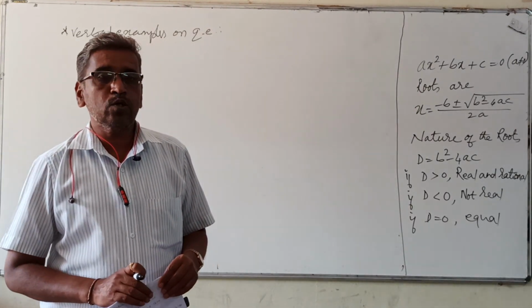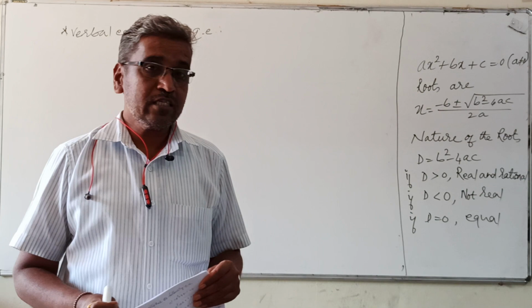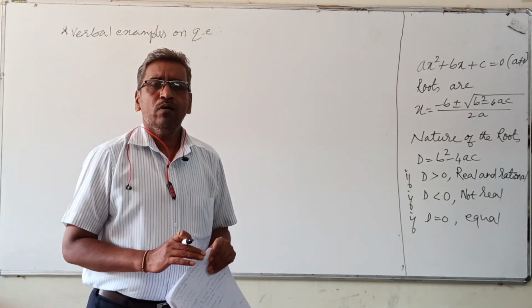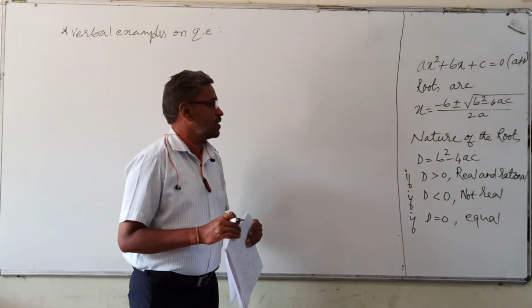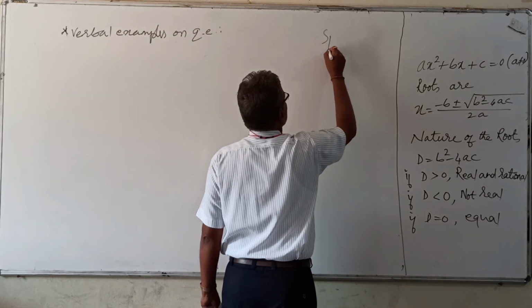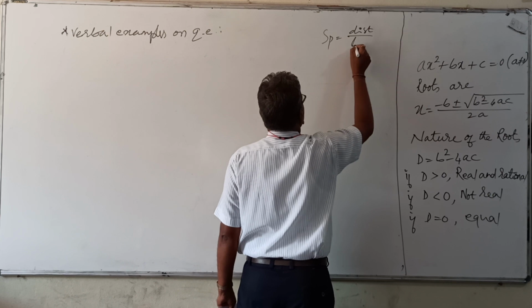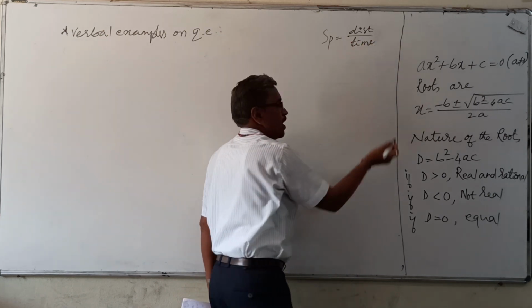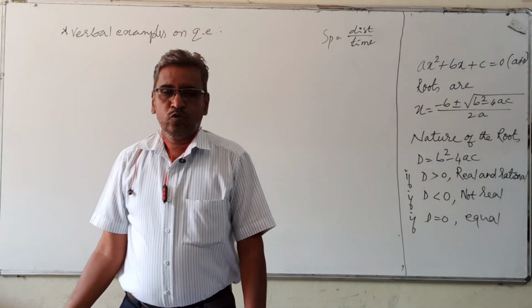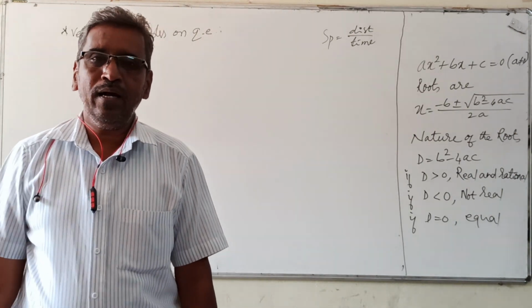This example is related to speed, distance and time. What is the relation between speed, distance and time? We know very well: speed is equal to total distance covered divided by time taken. A very known formula: speed is equal to distance by time.